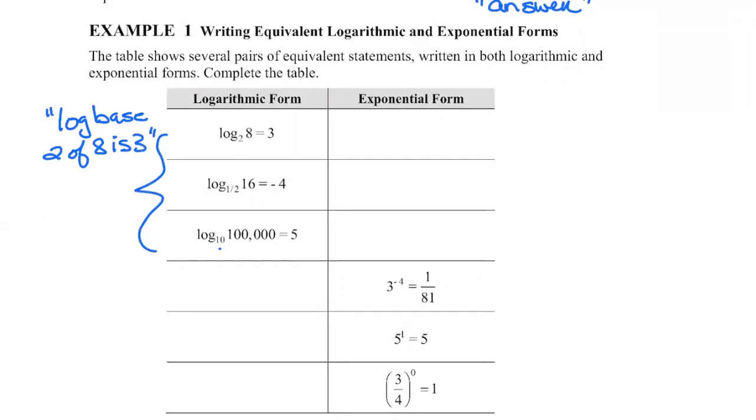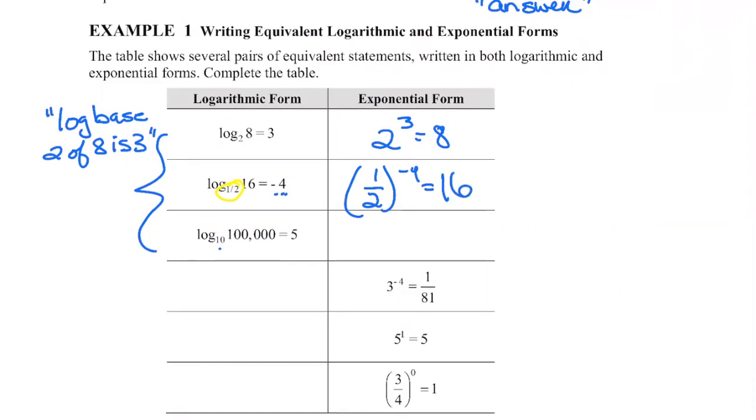Let's go ahead and write our exponent form. So my base here is 2. My exponent is 3, and my answer is 8. Perfect. In the second one, I have a base here of 1/2. So I'm going to say 1/2 raised to the power of -4 is my 16. 16, remember, is my answer.